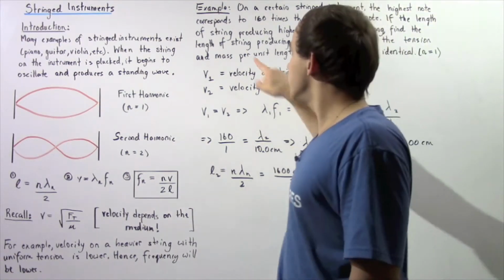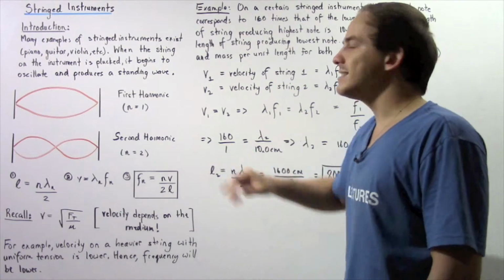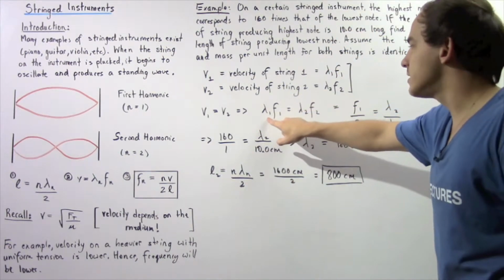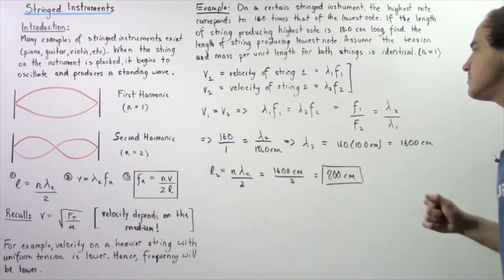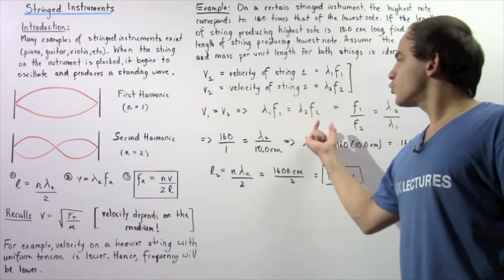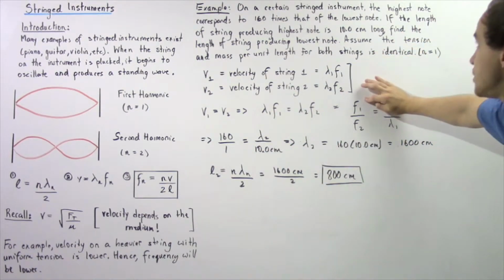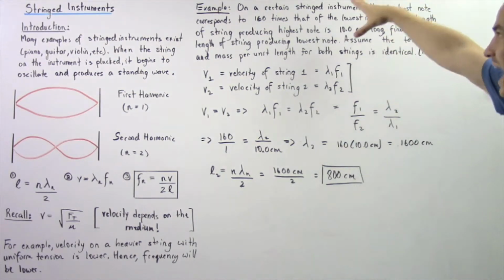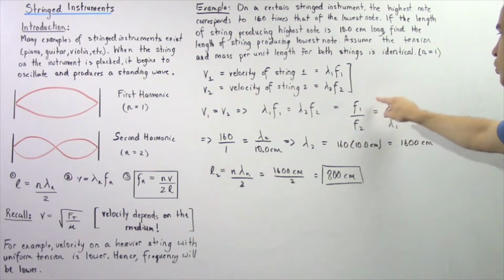Now, because the velocity in string 1 and string 2 are the same, V1 is equal to V2. So that means the product lambda 1 times F1 is equal to the product lambda 2 times F2. Let's rearrange our equation, and we get F1 divided by F2 is equal to lambda 2 divided by lambda 1.